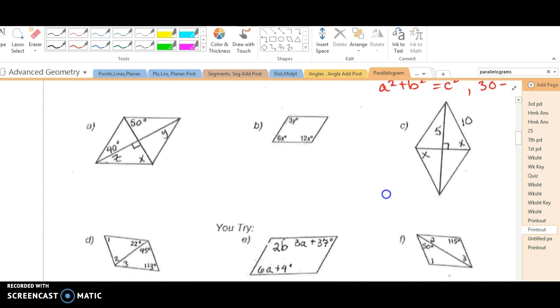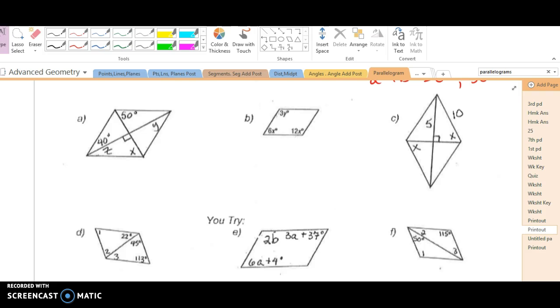Here we go. All right, so you have 40 degrees here, which means that you can use a Z. You could use alternate interior angles to put 40 degrees here. Then you know that this angle is 90, so that means this remaining angle has to be 50, because all the angles in a triangle add up to 180.